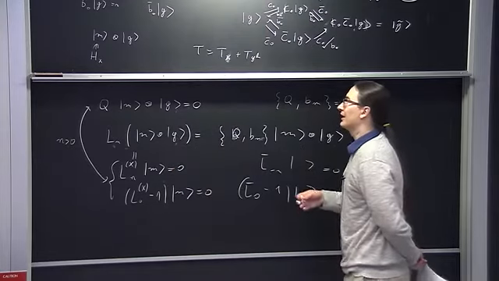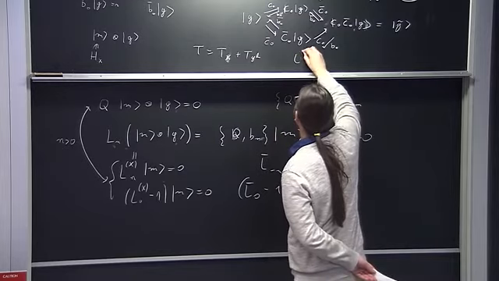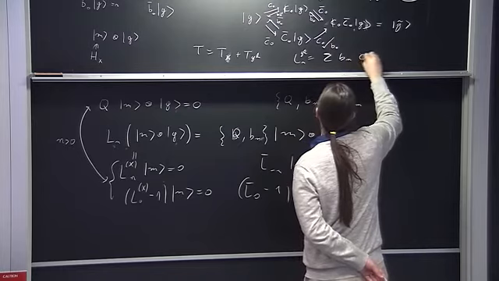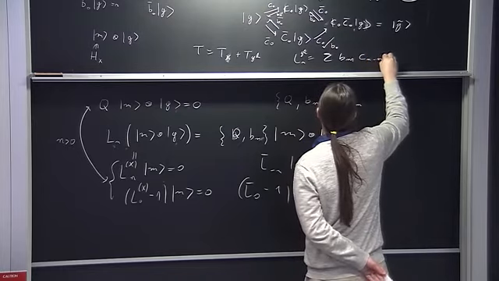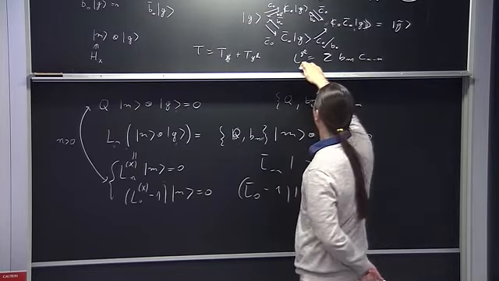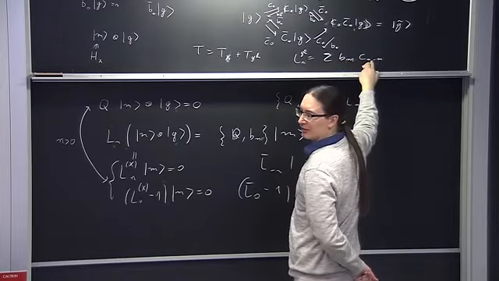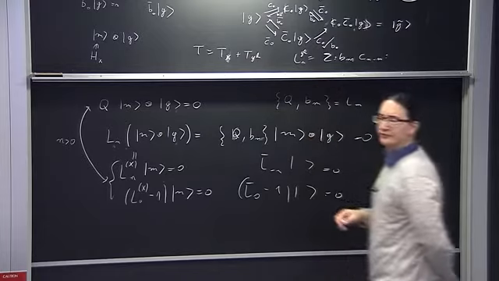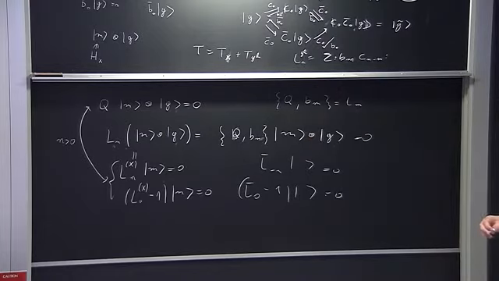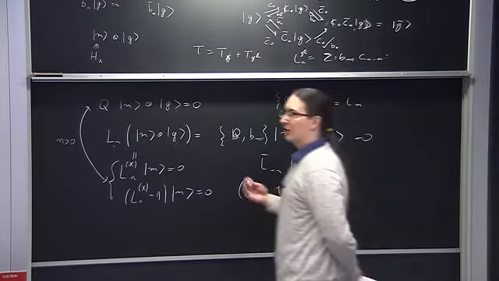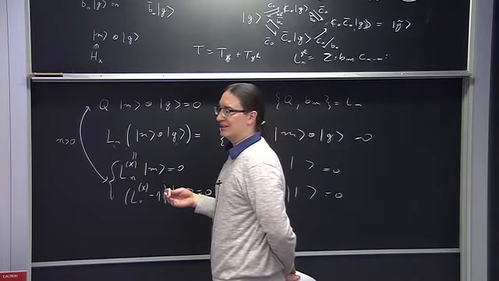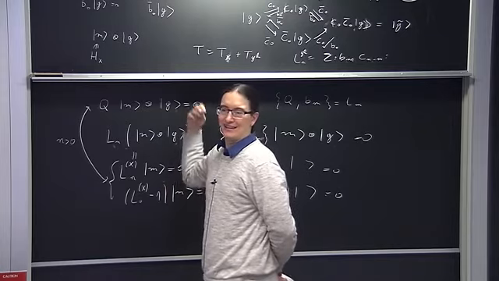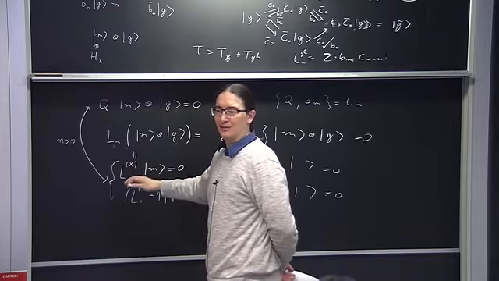If you want, you can explicitly expand your L of the ghosts as a sum of B_m C_{n-m}. So you see that when n is positive, one of them kills. It's a bit more laborious, but you can also see that the states that are null in the sense of last week are also Q exact.